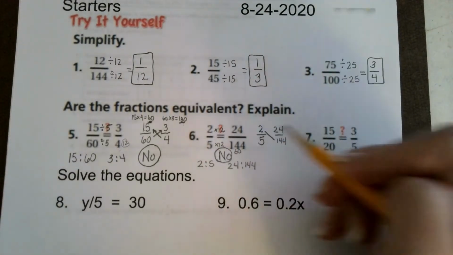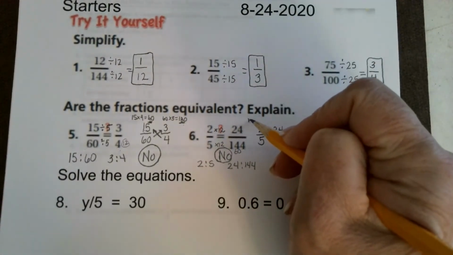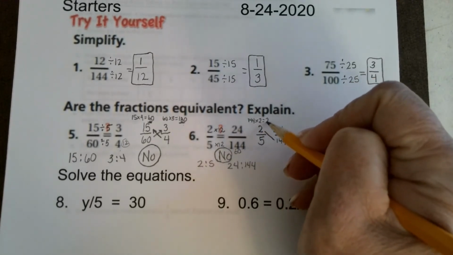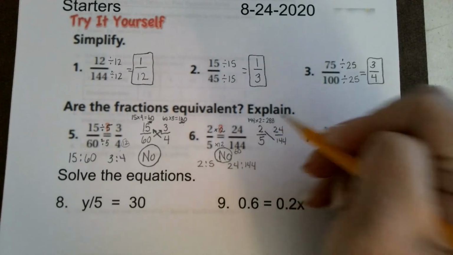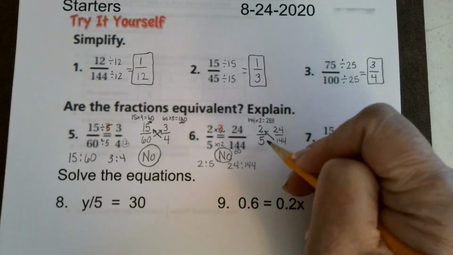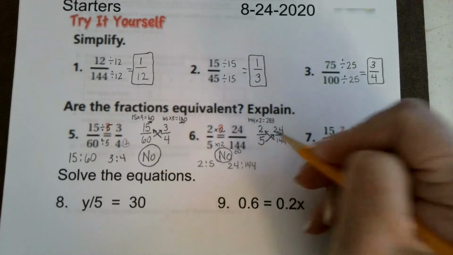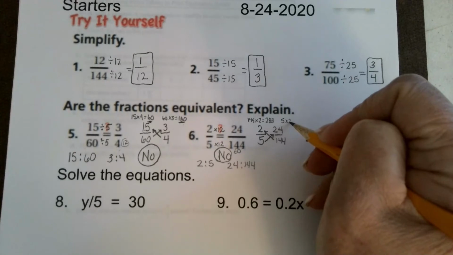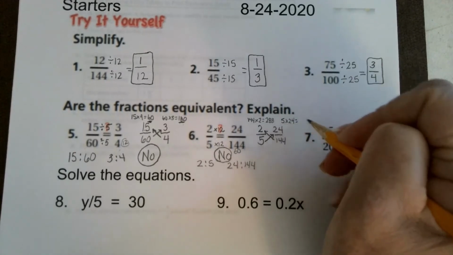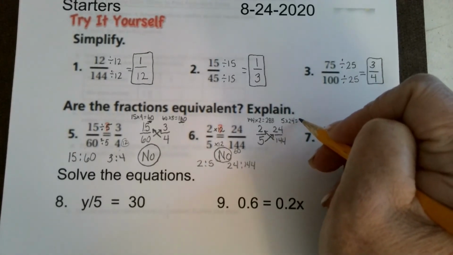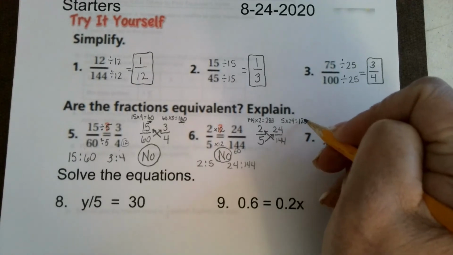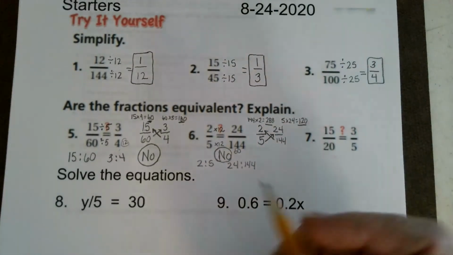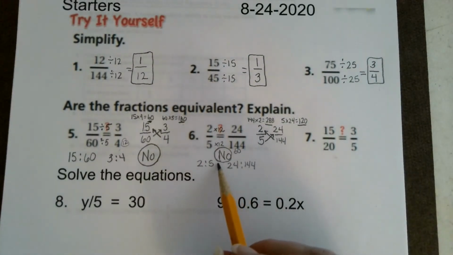If we multiply 144 times 2, that equals 288. And if we multiply 5 times 24, that is 120. And if these two things are not equal when we cross multiply, that means that they are not equivalent.